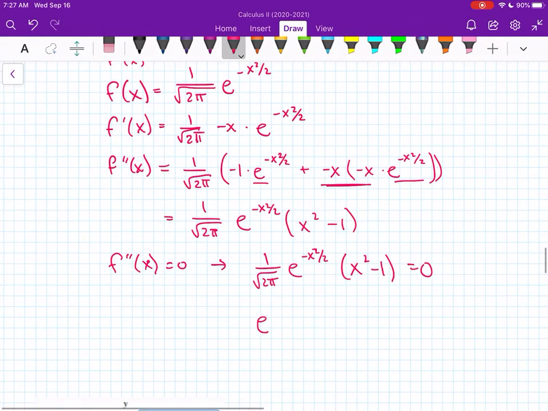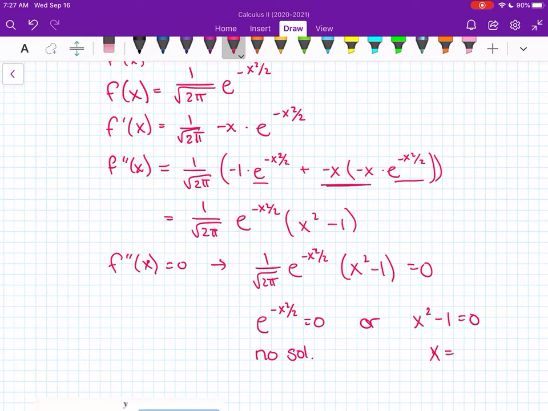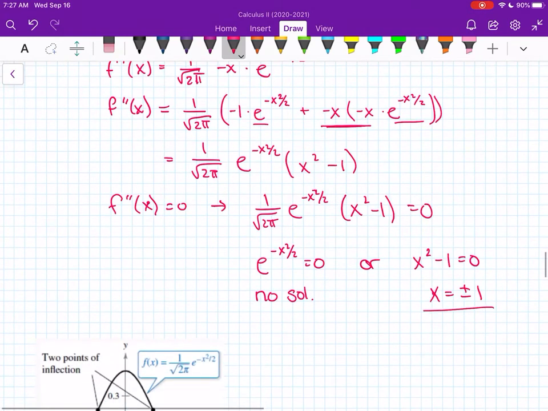So I get that when e to the negative x squared over 2 equals 0, or when x squared minus 1 equals 0. The first has no solution because it has an asymptote at 0. And so then here I get that x equals plus or minus 1. So then I have inflection points at plus or minus 1, so I'm happy.